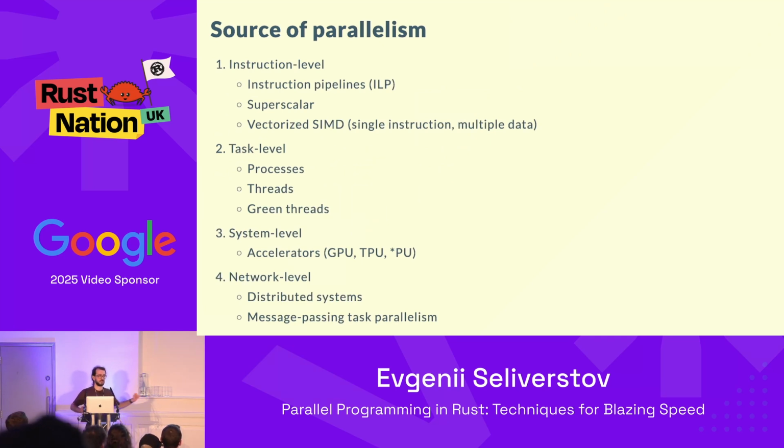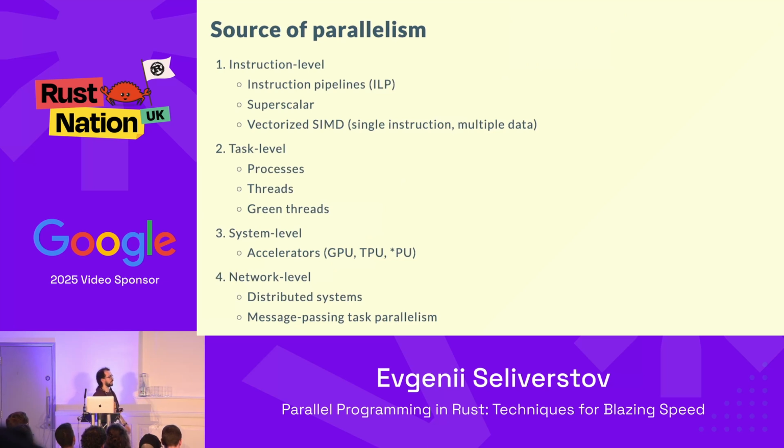Let's apply a holistic approach to extract sources of parallelism on different levels. First of all, we start from the really low level, from hardware. We have instruction pipelines in the processor, so we can do more work with pipelining. We also got superscalar processors from the 90s, I think. And we got vectorized SIMD, so we can execute multiple instructions at the same time. When we move to the higher level, to the task level in the operating system, we have processes or threads, or if you go with language-level primitives, we have green threads in the JVM or in Erlang or with Go, so we get task-level parallelism here.